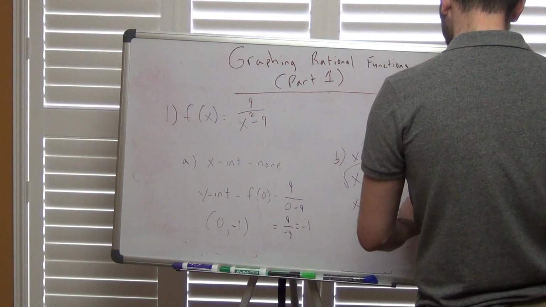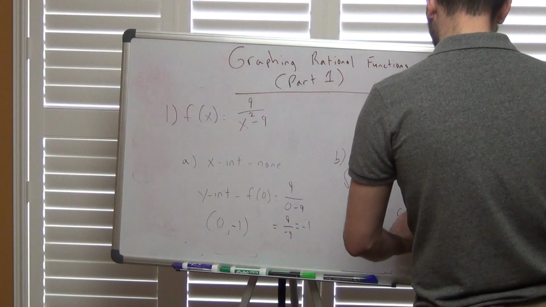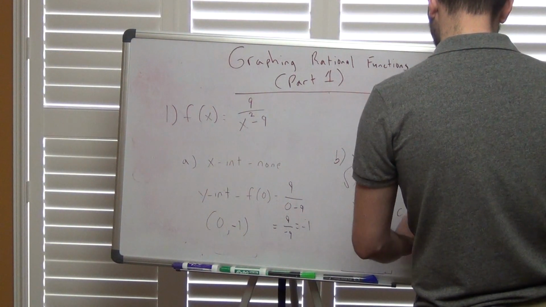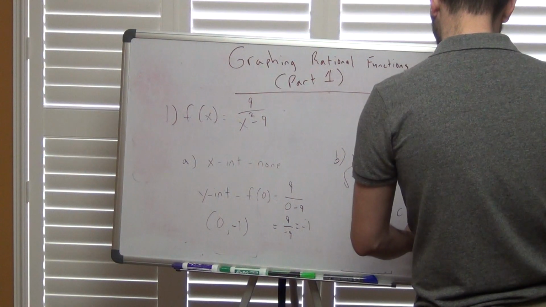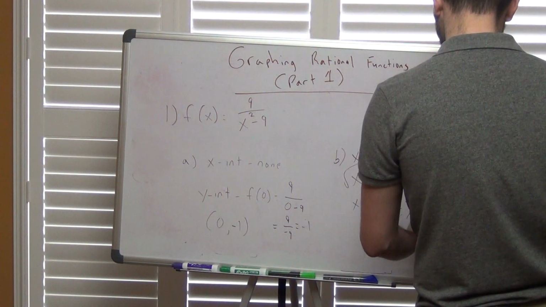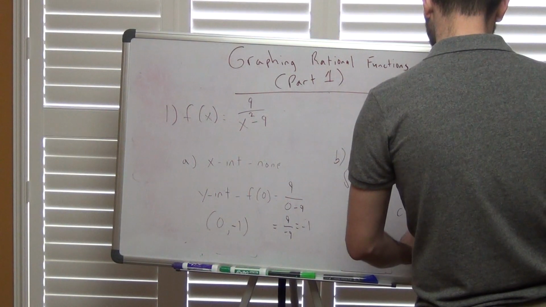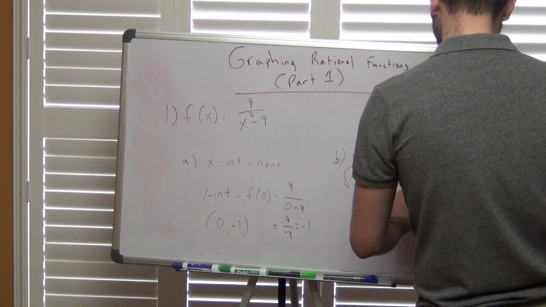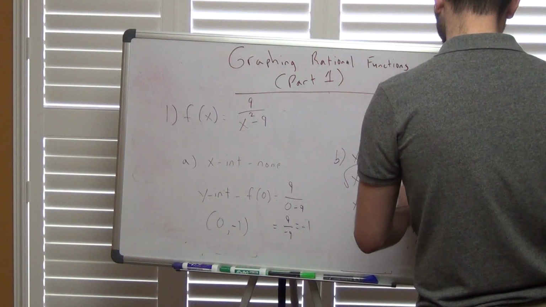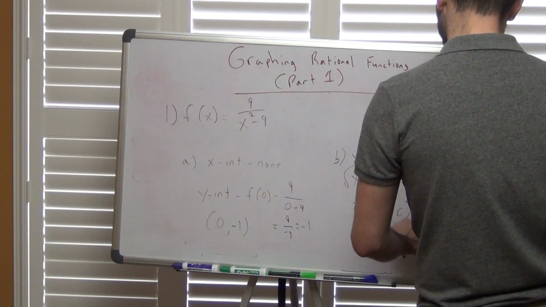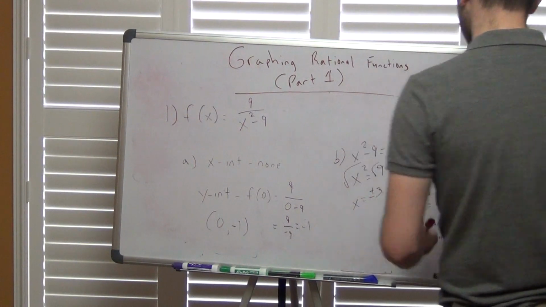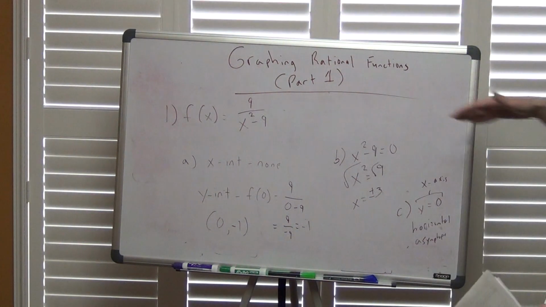So x equals 0 is my horizontal asymptote. Actually, it's y equals 0, sorry. My fault. Y equals 0 is the x-axis. Don't get confused. Y, this way.